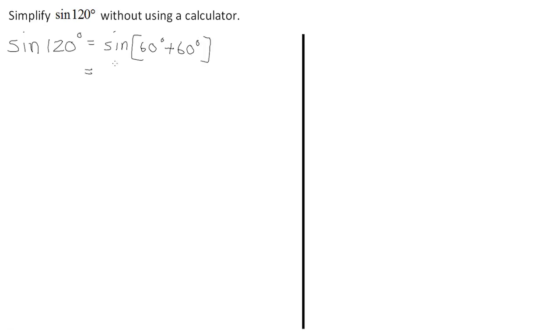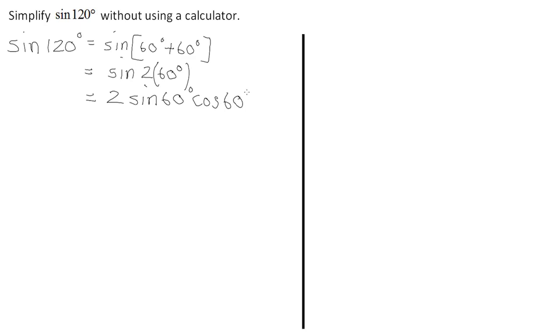That is exactly equal to sine of 2 times 60 degrees. And according to my formula sheet, I've expressed 120 degrees as a double angle. And when I consider my formula sheet, formula number 13, that is exactly equal to 2 sine 60 degrees cos 60 degrees.